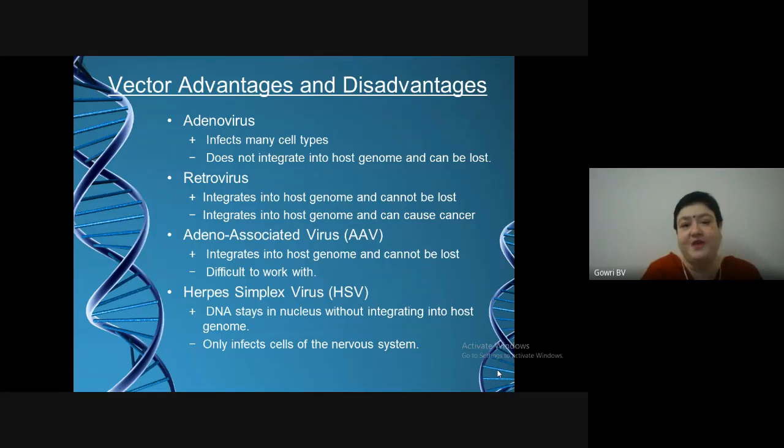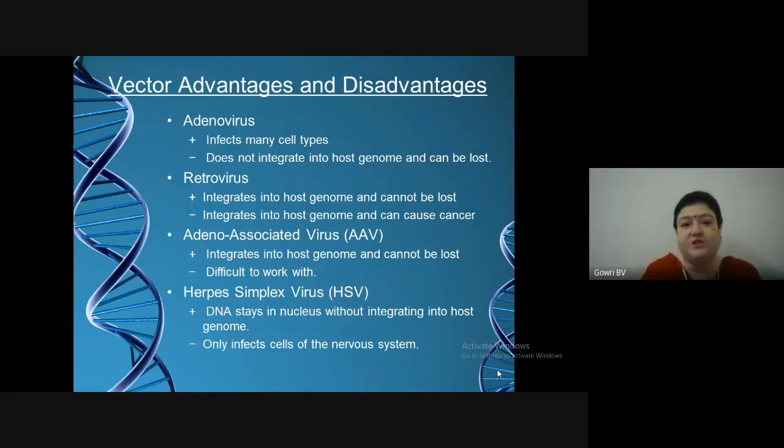In that case, we would require the host genome to be infected to give a counterpart of the gene, so of course it is a waste. So adenovirus, I repeat: the advantage is it infects many cell types, and the disadvantage is it does not integrate into the host genome and can be lost. Regarding retrovirus, the advantage is that it integrates into the host genome and cannot be lost.